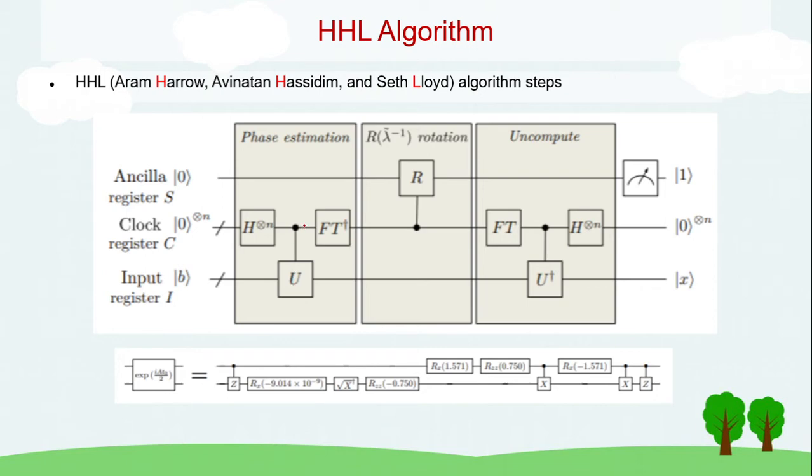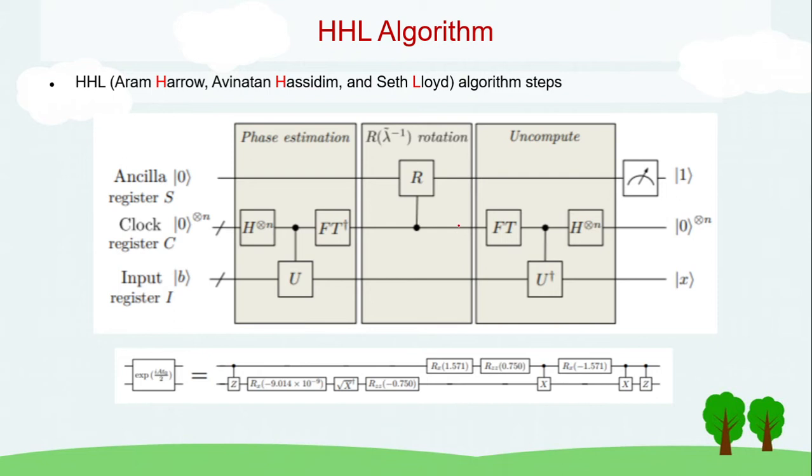Then we get here itself the phase or eigenvalue in Fourier basis. So we need to do an inverse Fourier transform to get it in our measurement basis, that is zeros and ones. Then using the ancilla and using this R gate, we will be able to get the inverse.